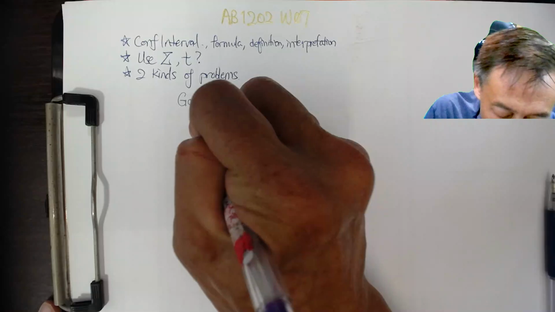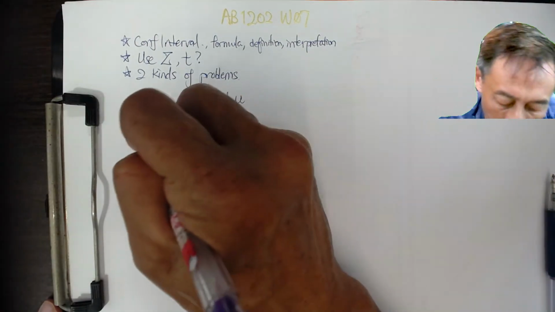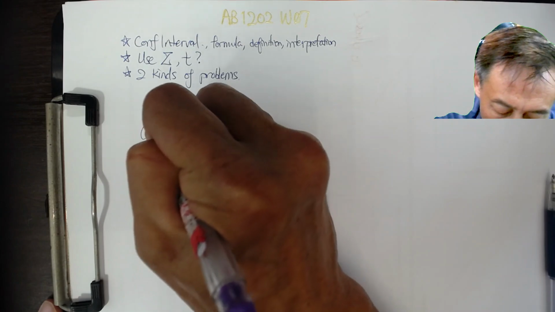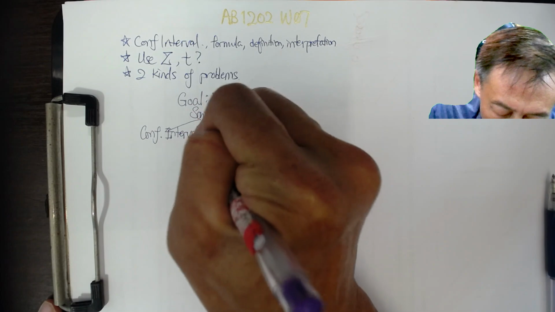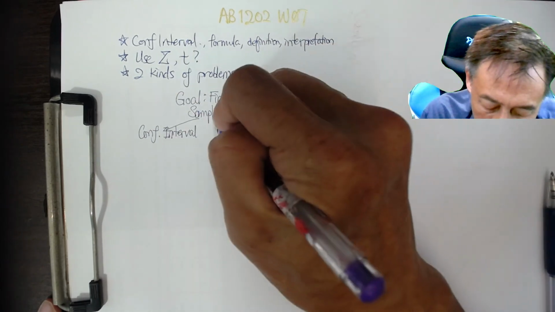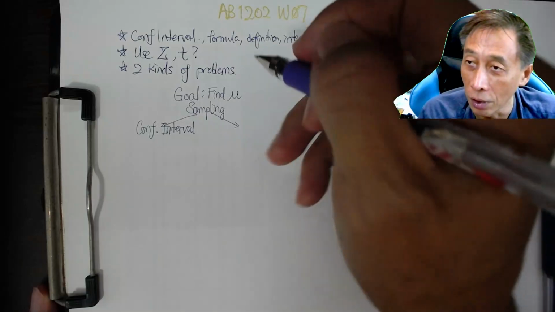And once we obtain sampling, to find mu, there are essentially two statistical ways to perform that estimation. Both are acknowledged as official, right?